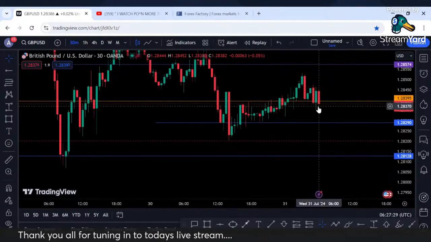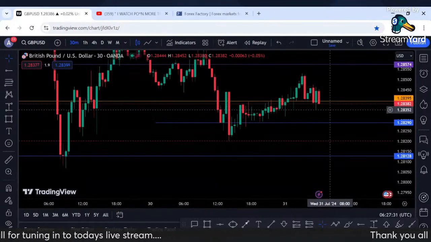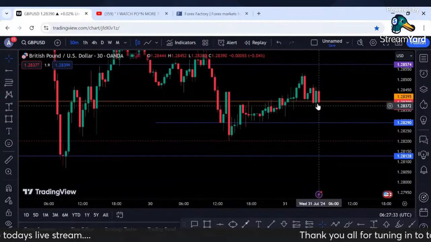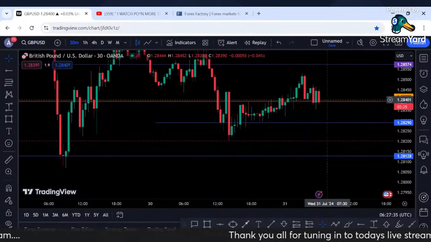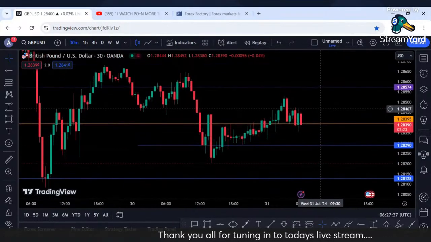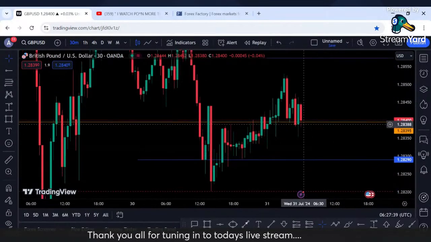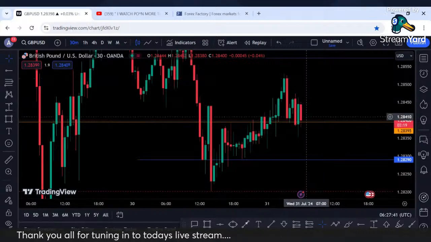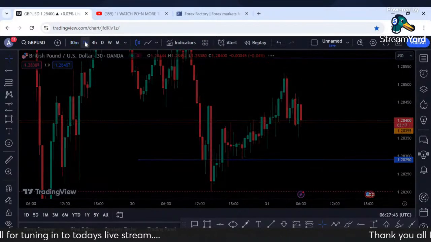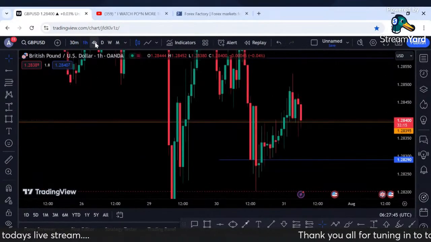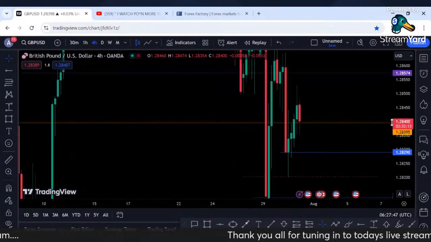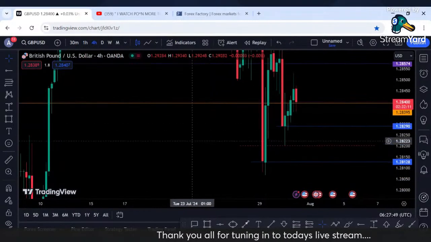It hasn't broken it yet. So if a candle is in session and it has gotten to a strong area of interest, it can bounce back. So don't be in haste to enter an impulse entry when the market hasn't broken it.